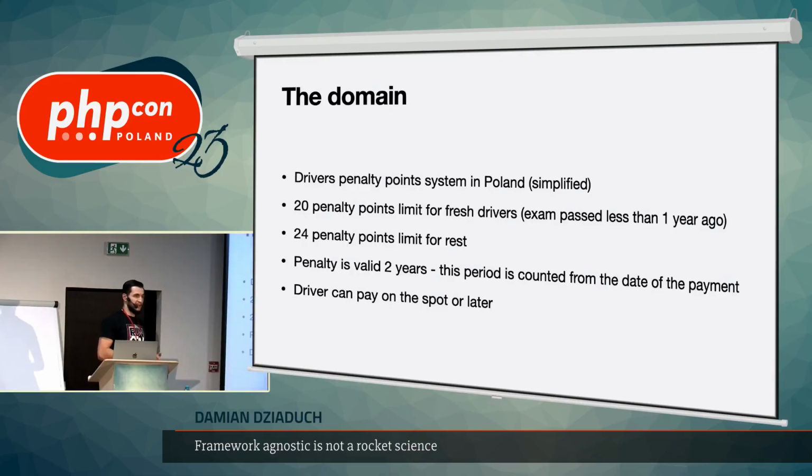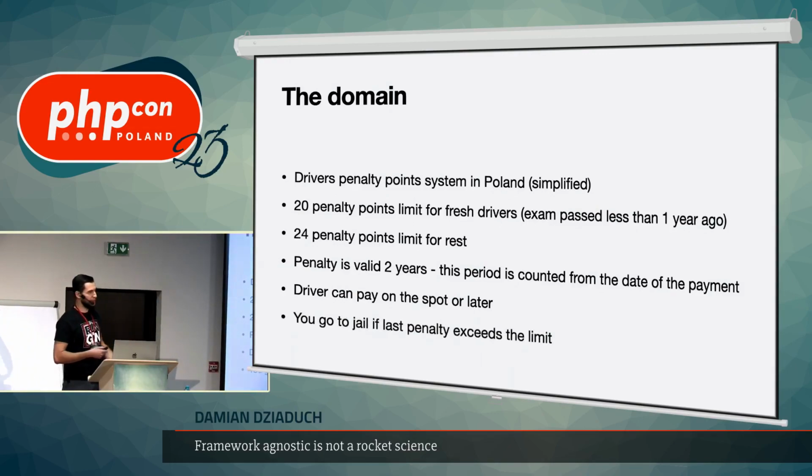And he forgot about it, of course, and then he pays like half a year later, and then the penalty is finally 2.5 years valid. And the last rule in this system is imagined by me. If you reach the limit, you instantly go to jail. This is a rule which is in the system, which is not a real rule, of course.